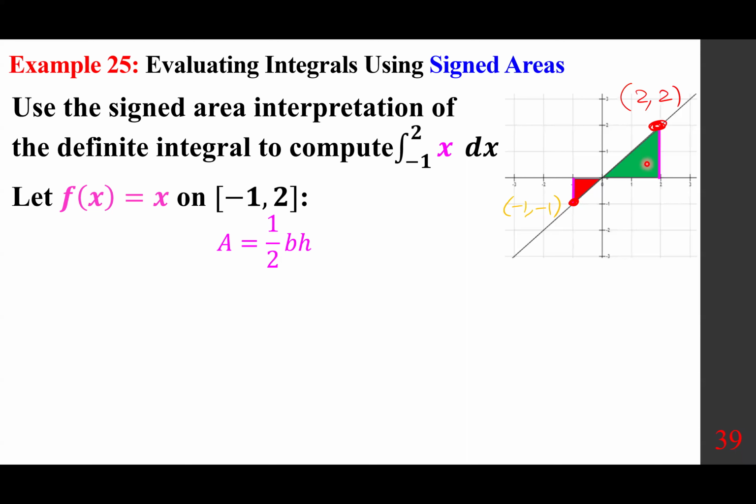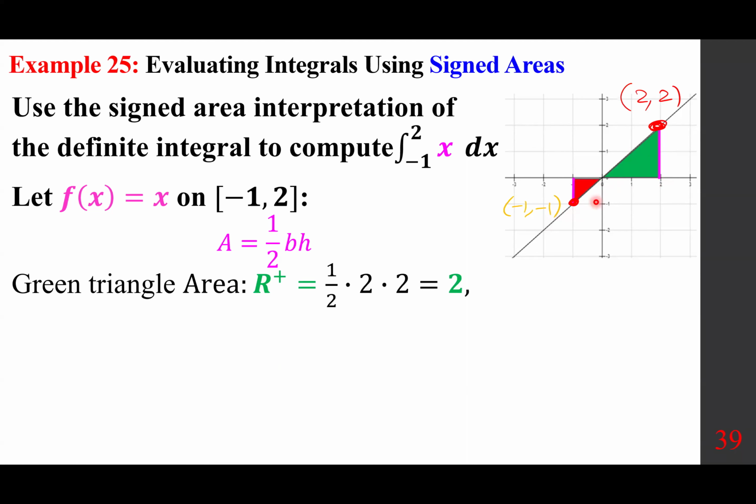So going back to this one, remember this is a right triangle. The legs are, one of them is the base, one of them is the height. So 1/2 of 2 times 2, that would be the area of the green triangle. The area of the red triangle is half of the base and the height. The distance is 1 here. Okay, so 1/2 of 1 times 1, which makes it 1/2.